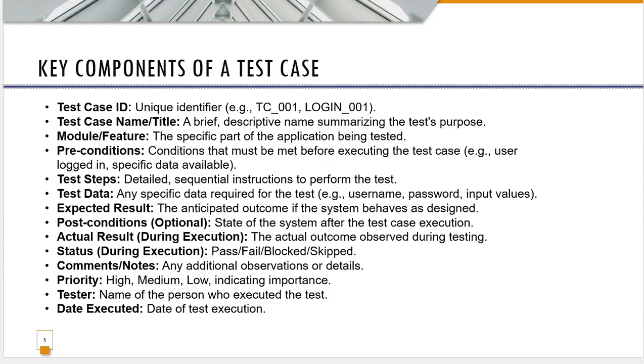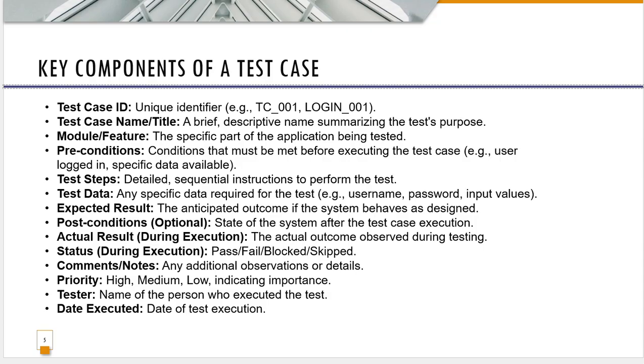First, the test case ID, which is a unique identifier for your test cases. It starts from TC011. If there is login functionality, client onboarding functionality, order placing functionality, or report functionality, then report 001, onboarding 001, order 001, like that.